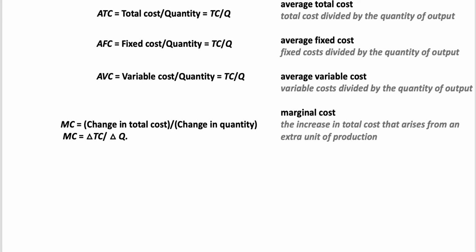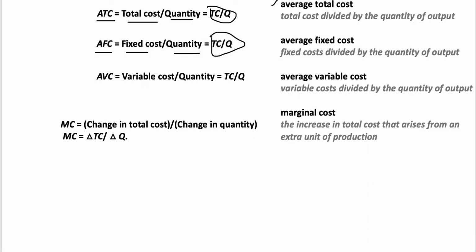More terminologies which we should know, otherwise our next lectures will be difficult to understand. Average total cost is the total cost divided by quantity. We can write this mathematically. Average fixed cost is the fixed cost divided by quantity.